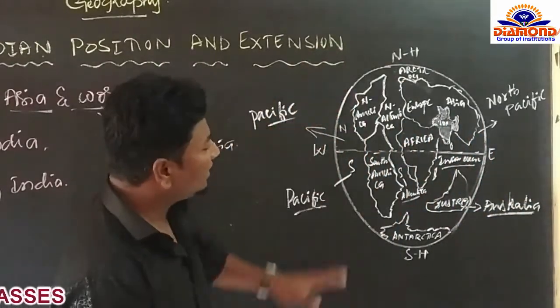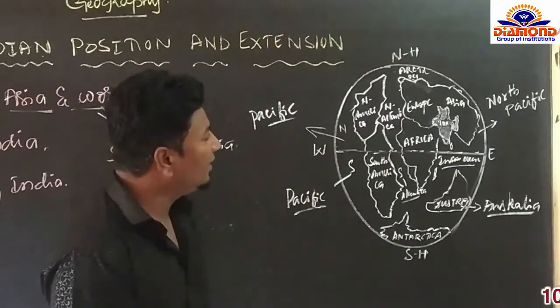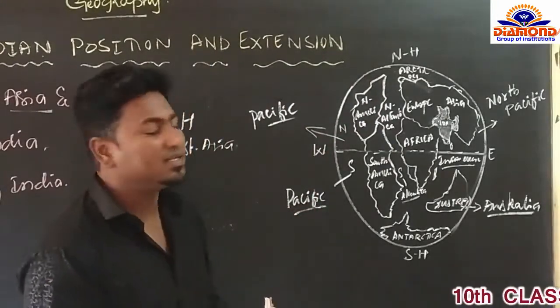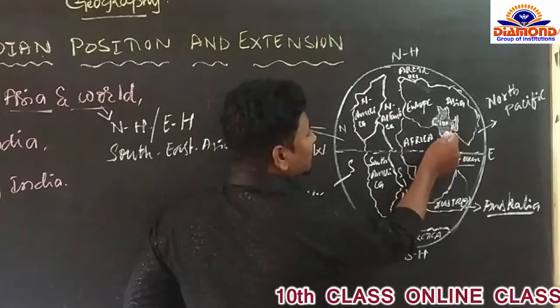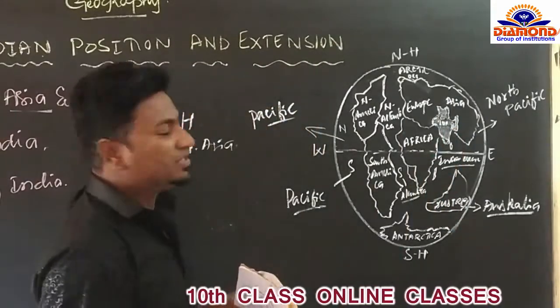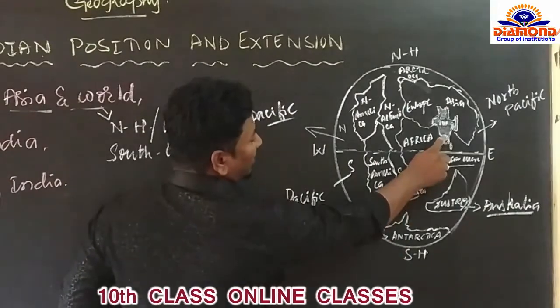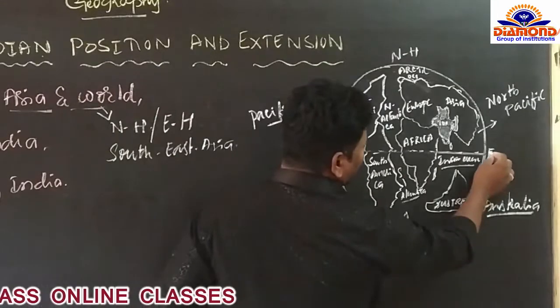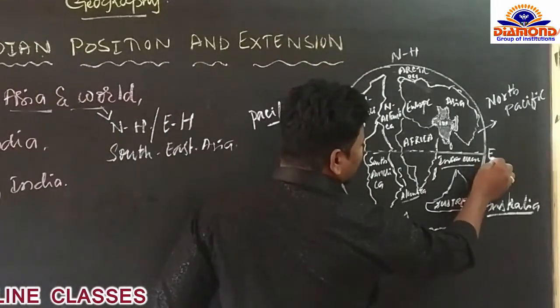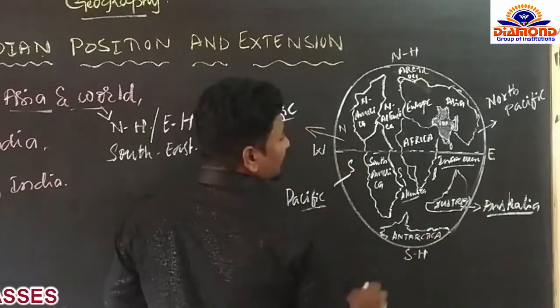You might be seeing the whole picture clearly, and that the position of our India is at this point. We see India at this point, but we don't know what position it is at. Let us find out which position it comes in.